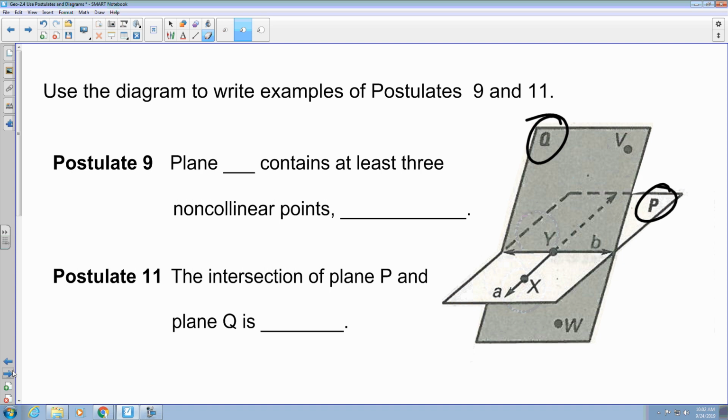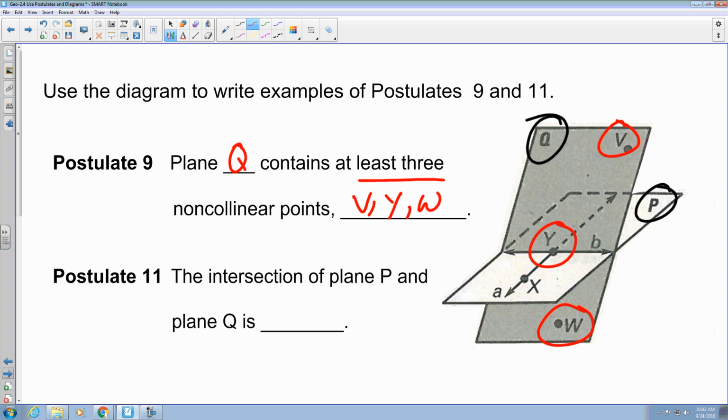Looking at Q, V is part of Q, Y is part of Q, and W is part of Q. So we have at least three non-collinear points in plane Q, and those points are again V, Y, and W. Postulate 11 says the intersection of plane P and Q is what?